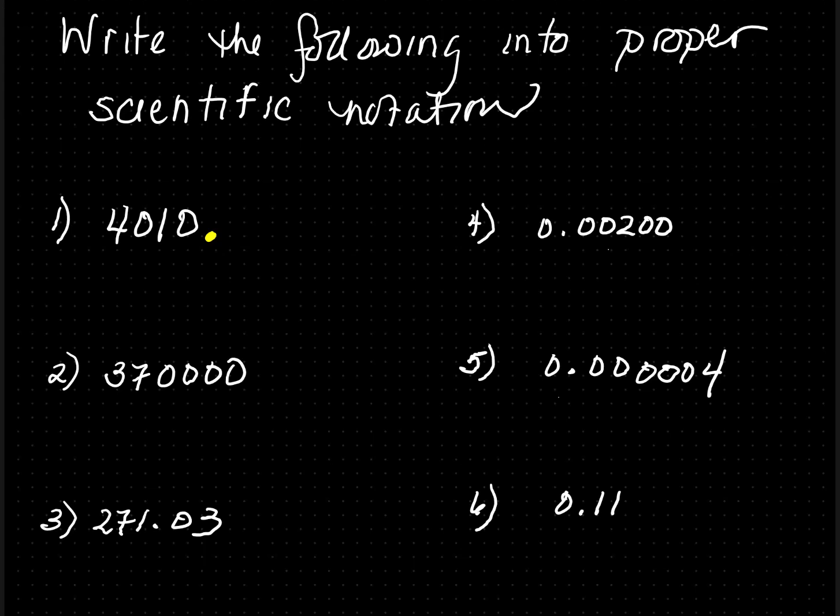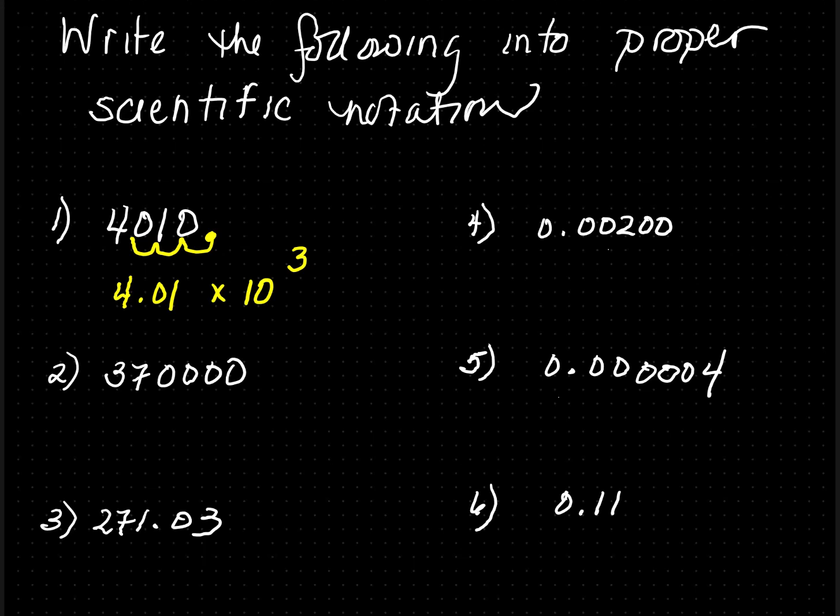Right now we have 4 digits, so I need to move the decimal 3 times to have one digit before the decimal. So if I write this, it is 4.01 times 10. We move the decimal 3 times, so my exponent is 3. It is a positive exponent because it's a large number. Large numbers have positive exponents. Small numbers have negative exponents.